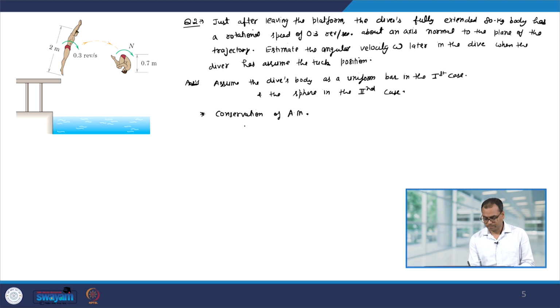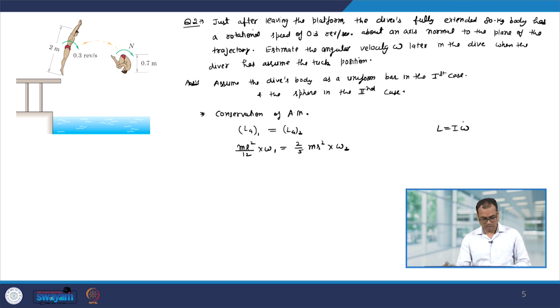So, we have L_G1 equal to L_G2. So, L_G is the angular momentum and that is equal to I naught omega. So, we have in the first case m L square divided by 12, that is the moment of inertia, into omega 1 equal to 2 by 5 m r square into omega 2, okay, because L is equal to I omega. Okay. So, let us put the values.